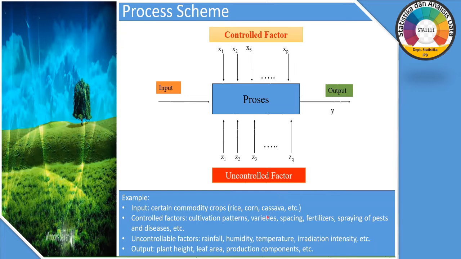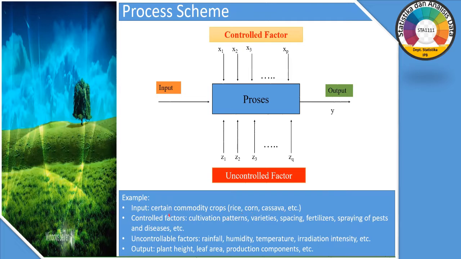So this is another example, right? Let's say the input is in the agricultural field, right? So the experimental object or the input can be certain commodity crops, like perhaps rice or maybe corn, cassava, and so on, right?